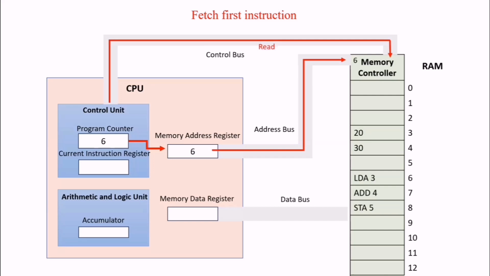The control unit issues a read instruction to the memory controller using the control bus, which means the CPU wants to read something from the memory. The contents of memory location 6 are copied using the data bus into the memory data register, and from there they're copied into the current instruction register. Now the first instruction has been fetched.